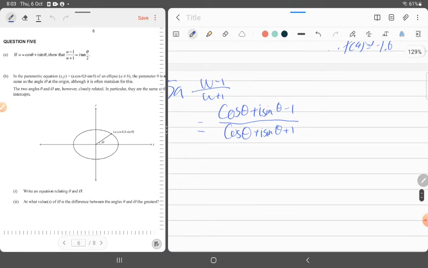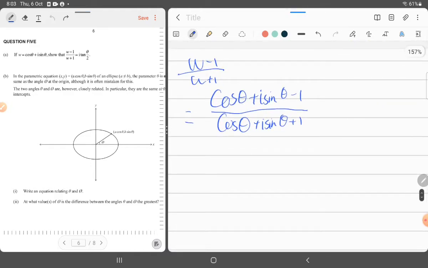Since it says I tan theta over 2, this gives us a hint that we're going to be using the half angle rules. Let me pull out my formula sheet. Where's the half or double angle rules?